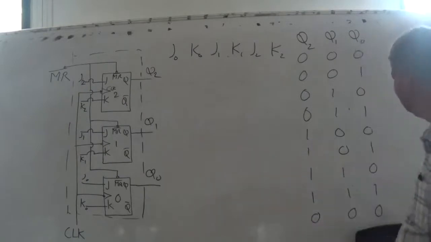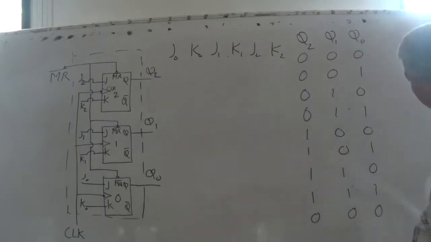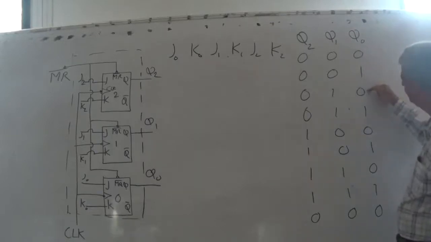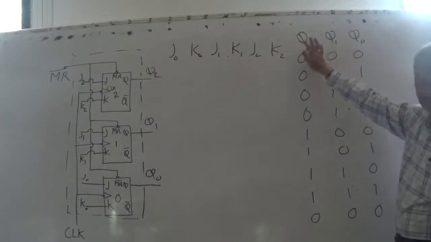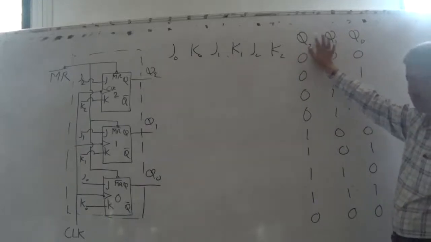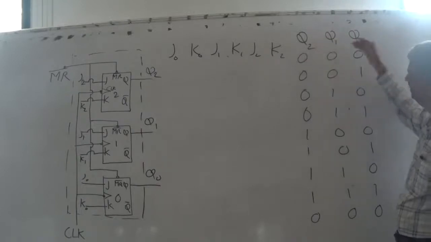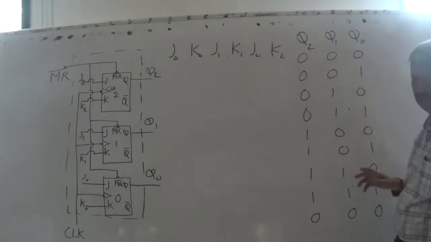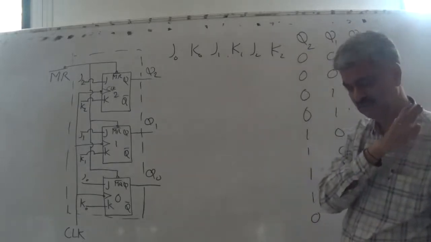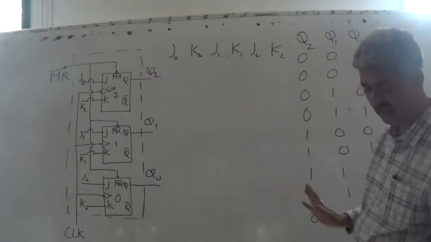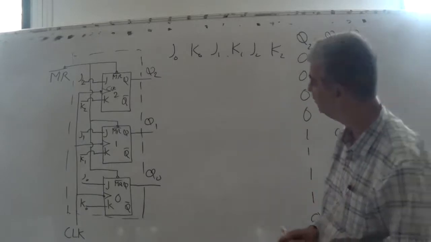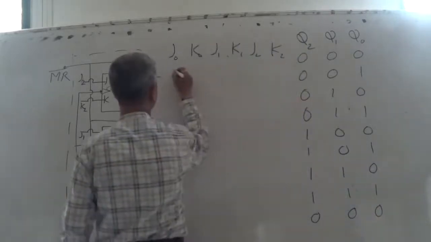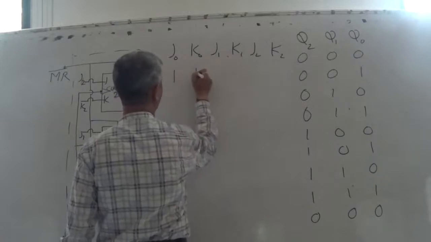In any case, current state, next state, irrespective of other inputs or other points Q2, Q1, etc., Q0 always toggles. So I am not expected to consider anything else, and I should make J0 equal to 1 and K0 equal to 1, fixed.